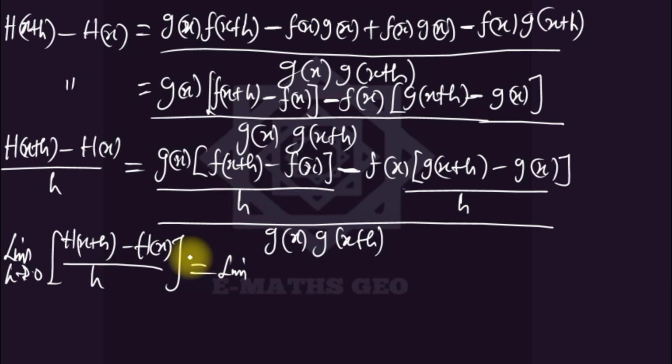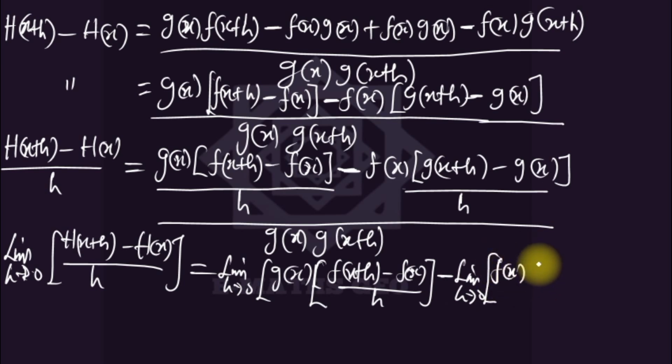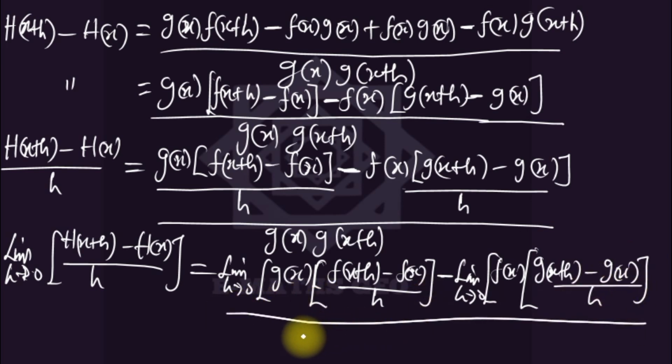So for this is the limit of h tends to 0 of g of x times, we need to write this as one term now, f of x plus h minus f of x over h, minus the limit of h tends to 0 of f of x times g of x plus h minus g of x all divided by h, over the limit of h tends to 0 of g of x times g of x plus h.